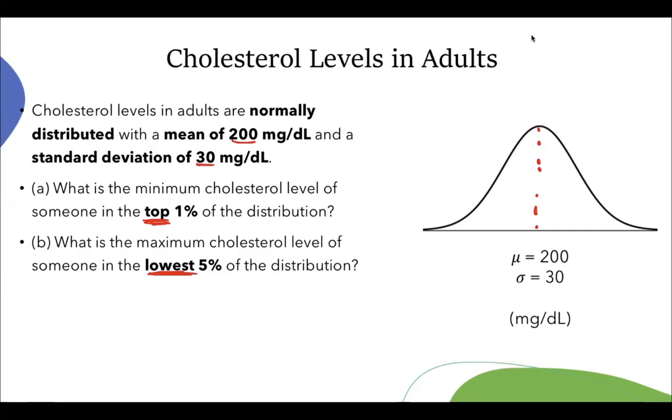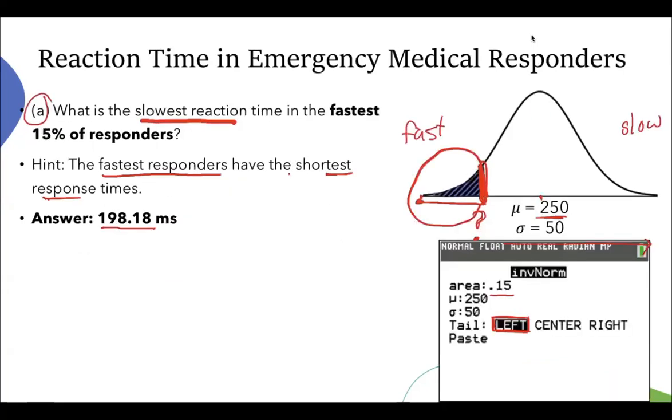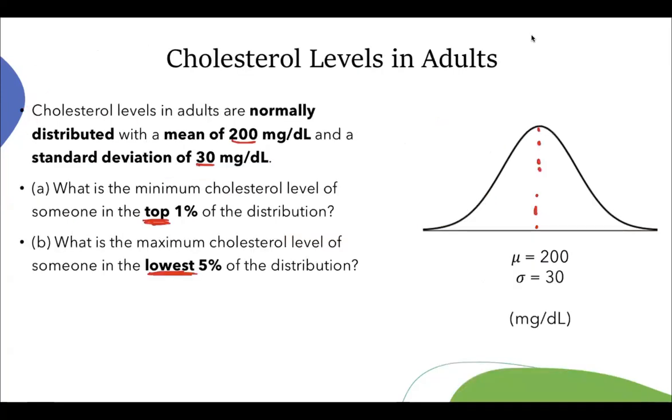When reaction time said the fastest 15%, we had to recognize that fast meant on the left side, because fast response times are shorter response times. So that question was slightly tricky. When dealing with cholesterol levels, top and lowest do mean the right and the left.